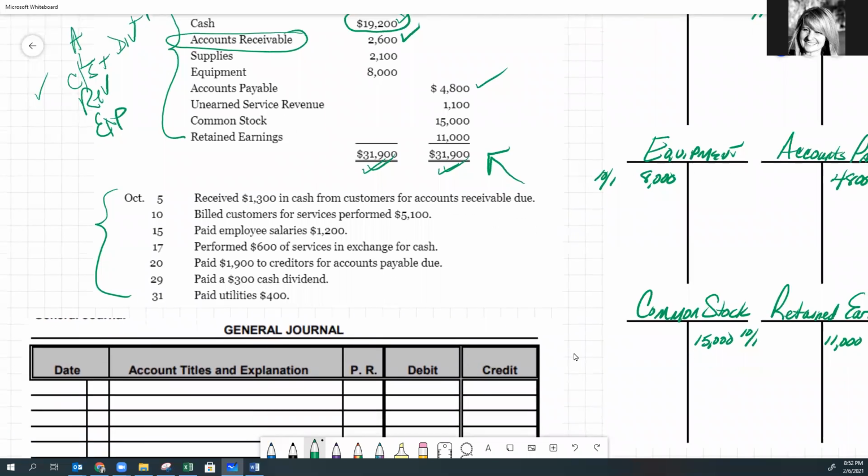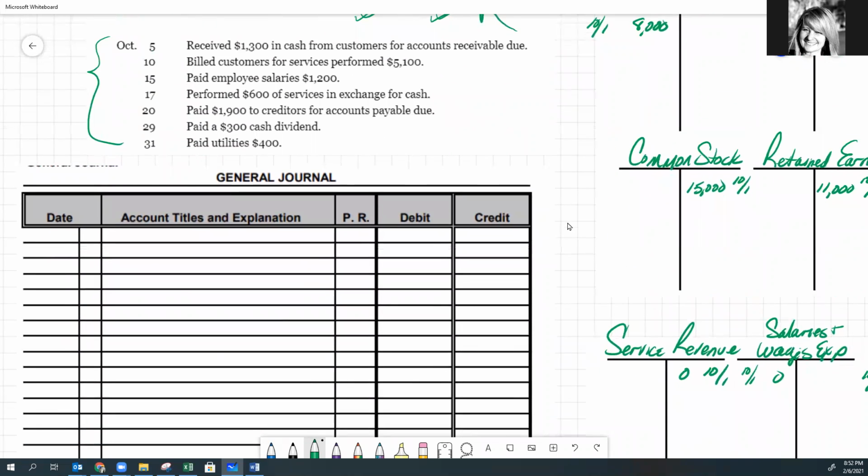Okay, so let's go down here to our general journal, and we're going to journalize this transaction. So the date on it, we're going to put is October 5th, and we collected cash from these customers. So we've received their cash and put it into our cash account. So cash is an asset.